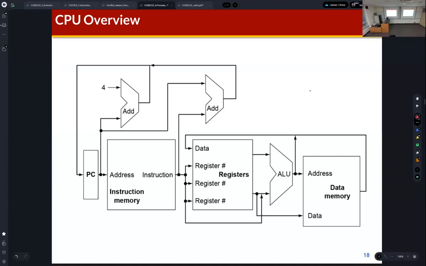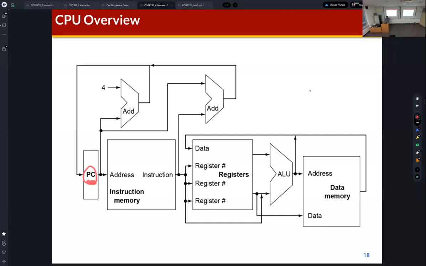You can find the PC here. What is the purpose of this PC? This is the program counter register. I mentioned that firstly we need to set the PC value for the target instruction, and then using this PC, we need to access the memory to read the target instruction.